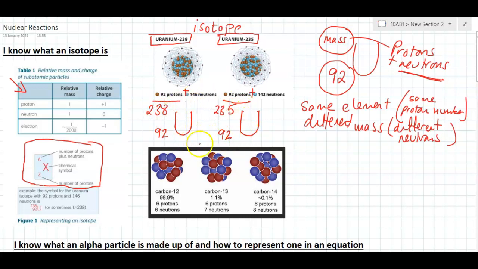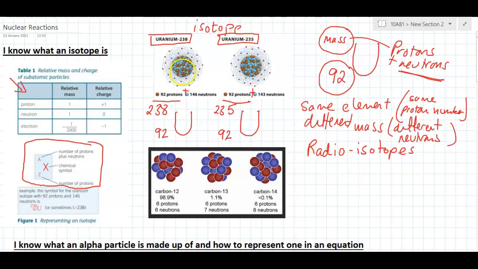Both of these are unstable and radioactive, so where that is the case we can also say that they are radioisotopes. So isotopes exist, not all of them are unstable, but if they are unstable and break down and emit radiation we can call them radioisotopes.